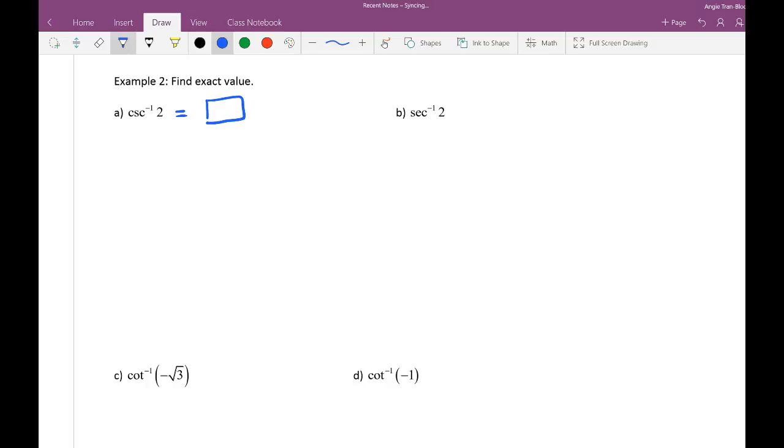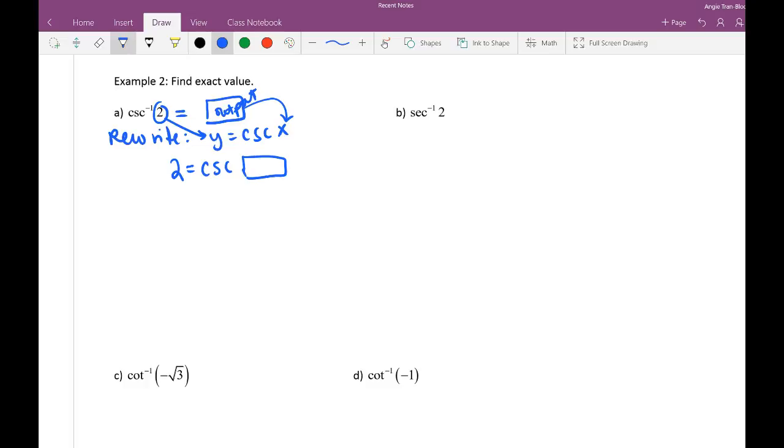So the first thing is I'm going to rewrite this piece in this form: y equals cosecant of x. Well, this is now the output of an inverse, which means it becomes the input of the regular function, and this is now the output. So this is really 2 equals cosecant of what angle?